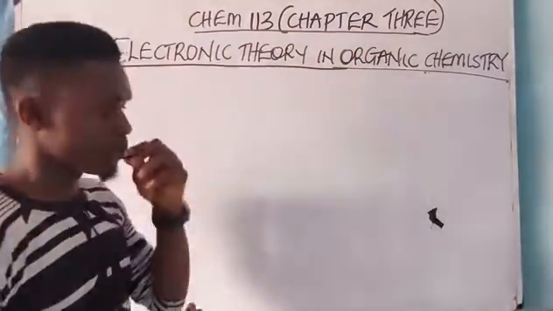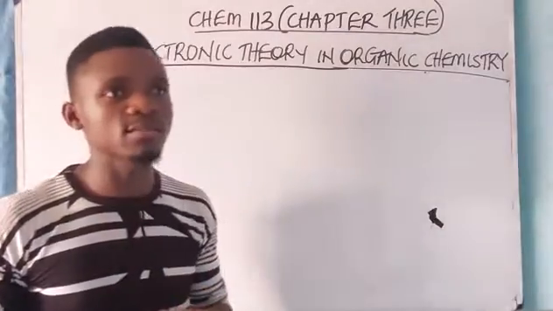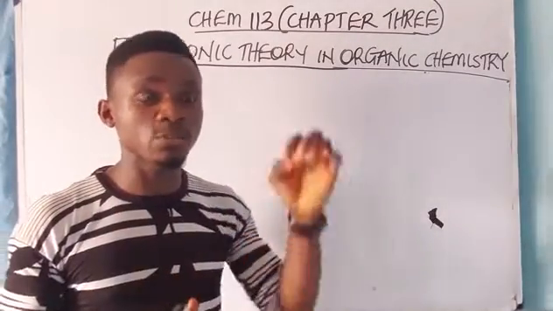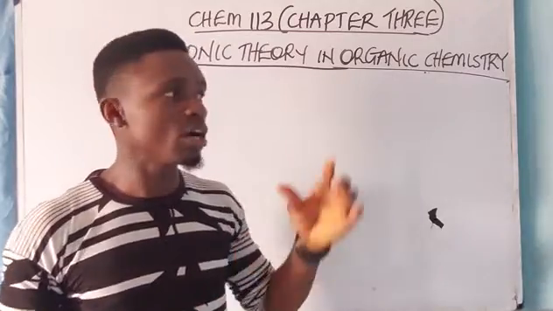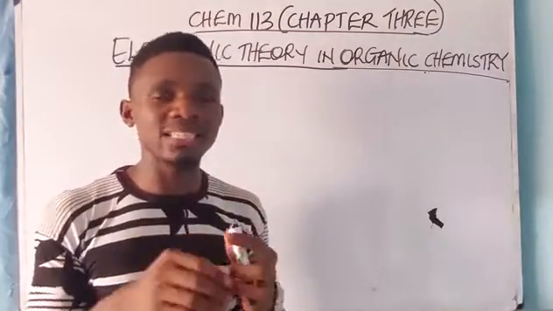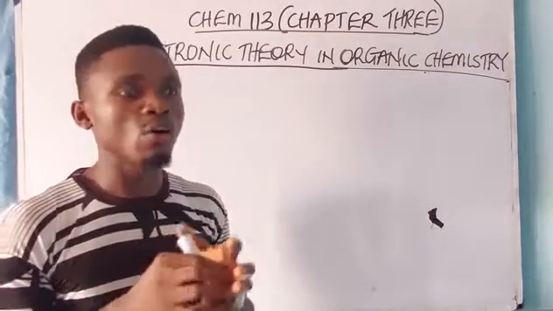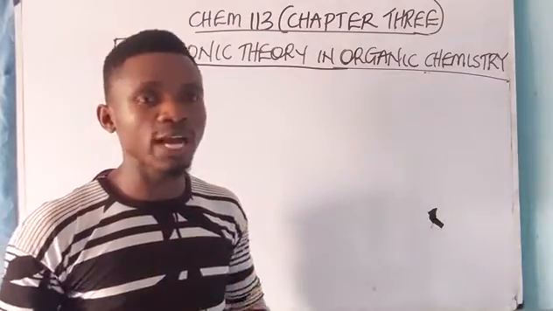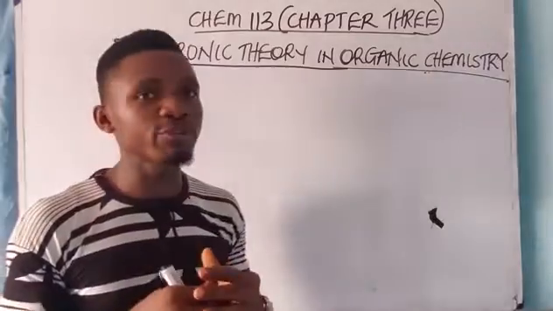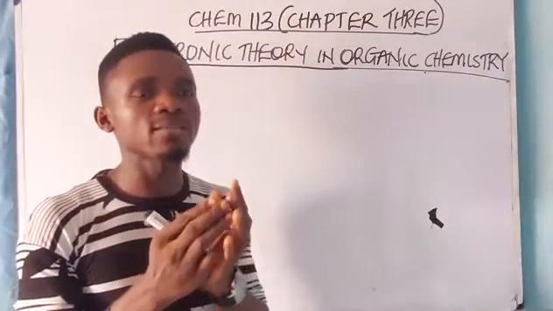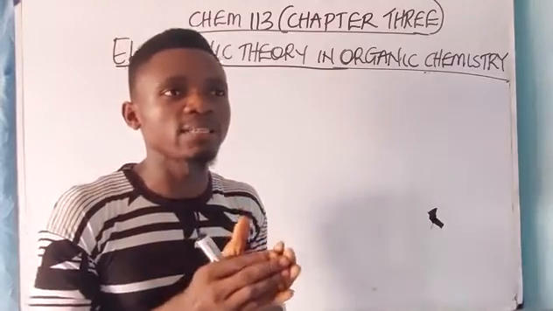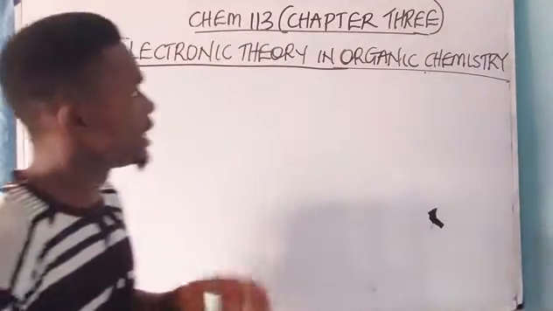Now, every element has an orbital, and every element has a given shell. The shell has the maximum number of electrons it can accommodate. Then every electron has an orbital. Now, every orbital has a maximum number of electrons that it can accommodate. Let us get started.